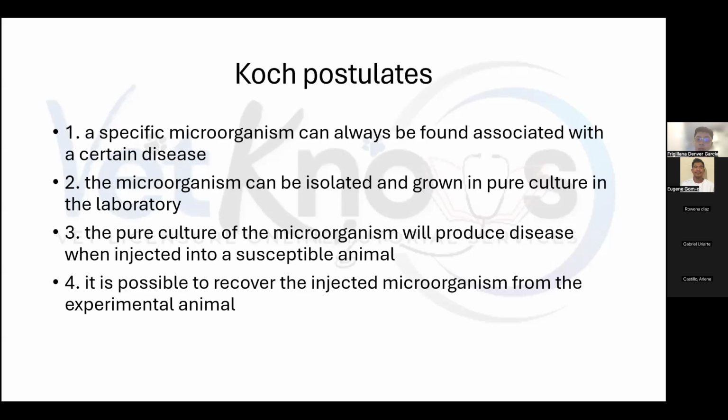So a specific microorganism can always be found associated with a certain disease. The microorganism can be isolated and grown in pure culture in the laboratory. The pure culture of the microorganism will produce disease when injected to a susceptible animal, and it's possible to recover the injected microorganism from the experimental animal.